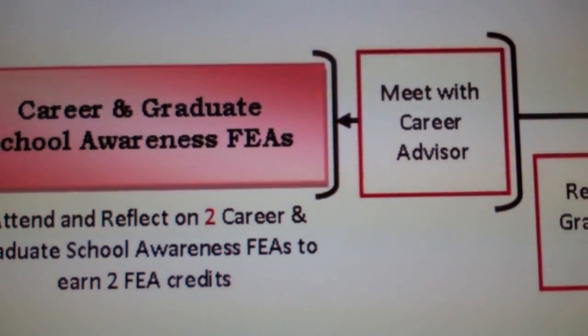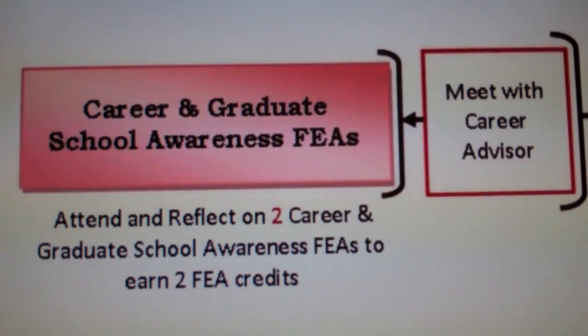You get your FEAs from the FEA database that you can download right off the website, or you can get them by checking your email every Friday at 10 o'clock. We send out the email, and you always will have the FEAs for the following week, so you can't miss out on FEA opportunities.